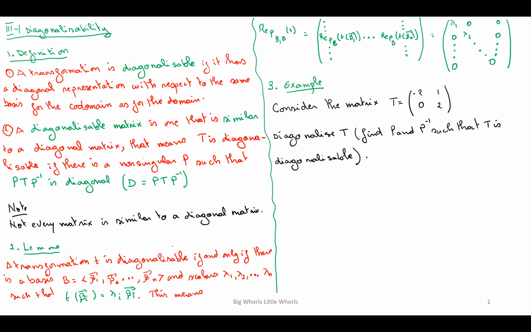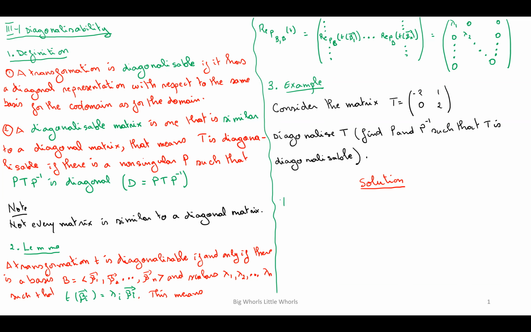Solution. Let's do the answer here. So T, as we have seen in the definition, is diagonalizable if T is similar to a diagonal matrix.